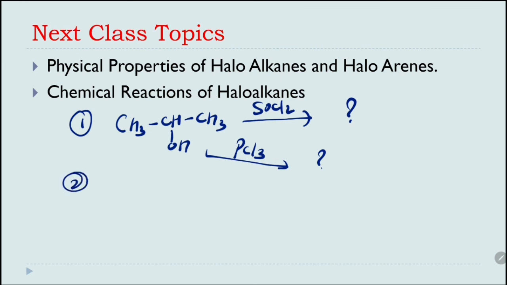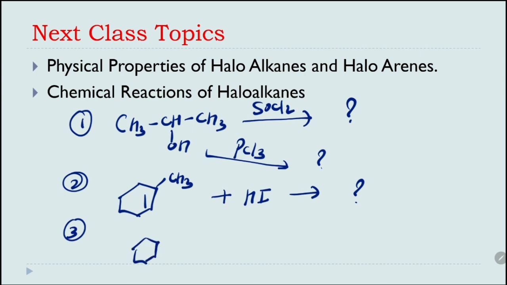Then second question, you have been given this alkene and we are reacting it with HI. You have to tell me what product will be formed. Third, you have been given aniline and reacting it with KI. What product will be formed and what is the name of this reaction?